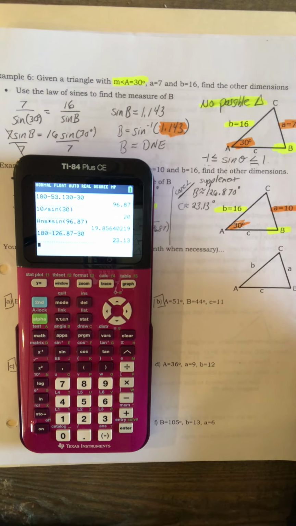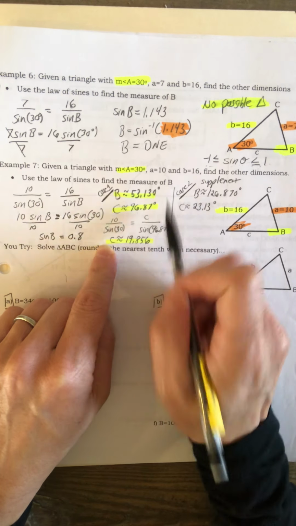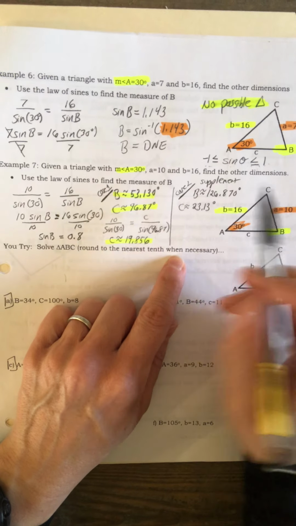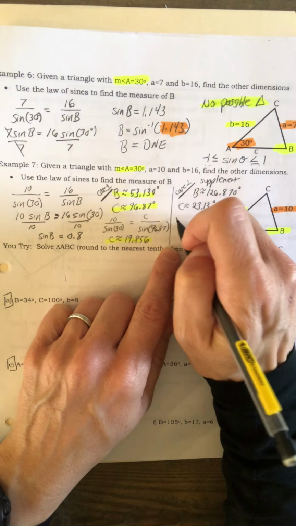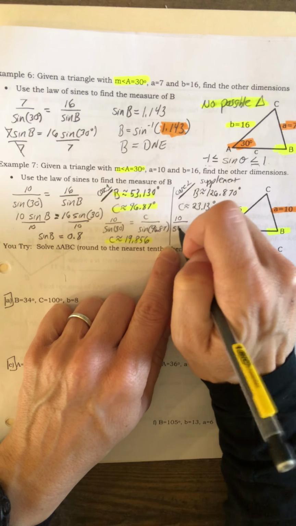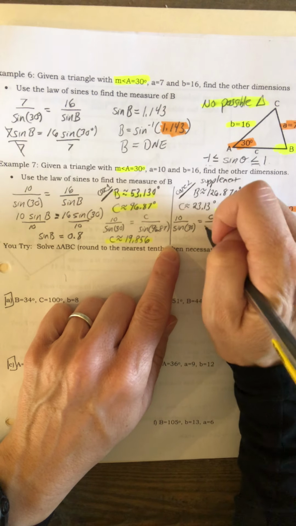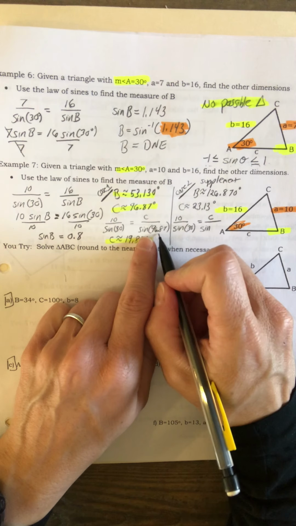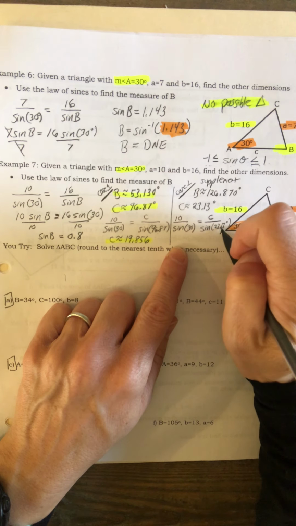So now I have to find a different C value though. This C value is across from 96 degrees. That's one possible triangle. The second possible triangle has a different C angle. So therefore, we would have a different C length. So the difference here, when I plug this in, instead of doing 96, I'm doing that 23.13 degrees.